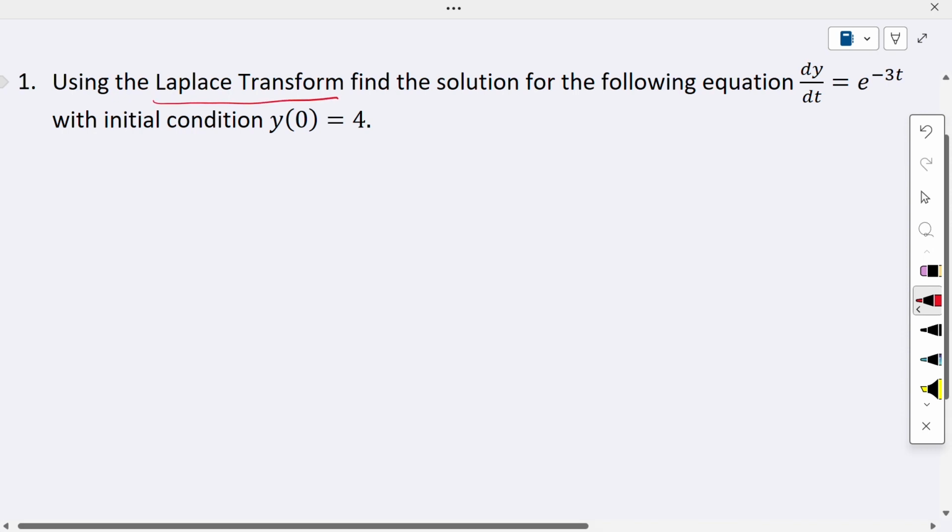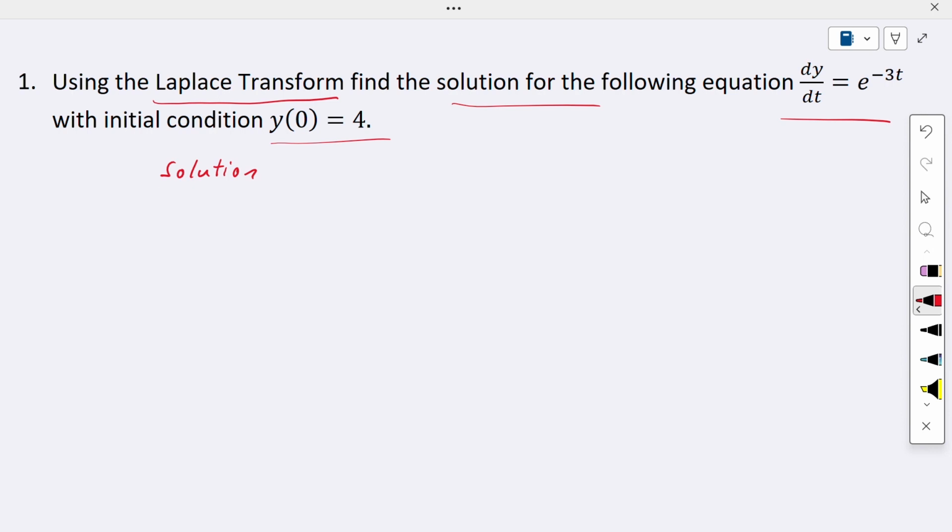Using the Laplace transform, find the solution for the following ODE with these initial conditions. Let's see the solution. We have dy/dt equal to exponential of minus 3t.